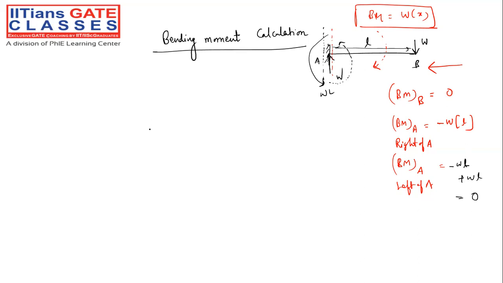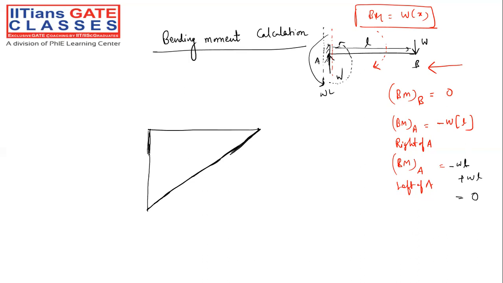So when you draw the bending moment diagram, what you are observing is something like this. This has to be a linear line, right?